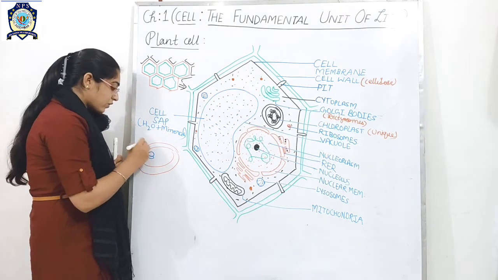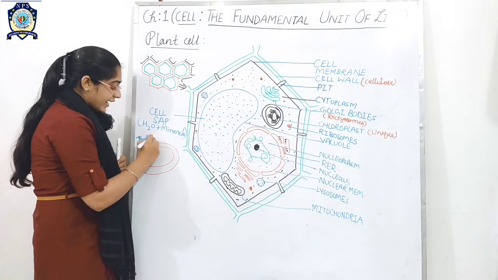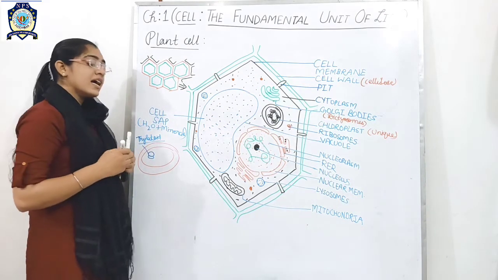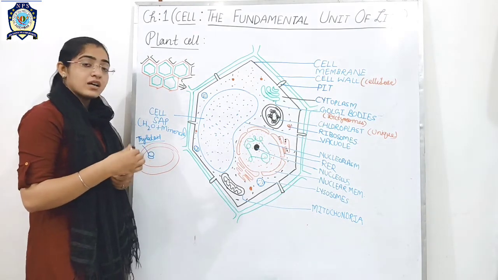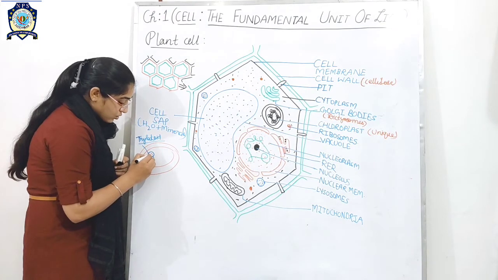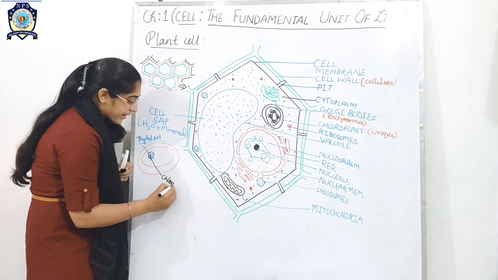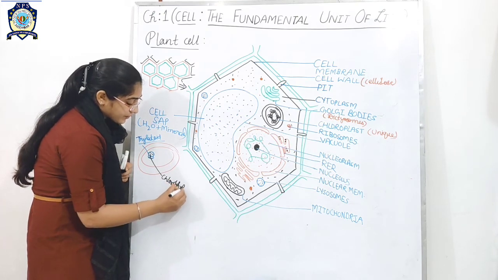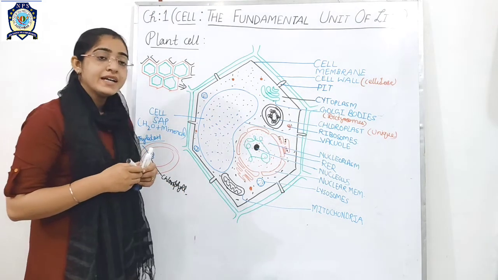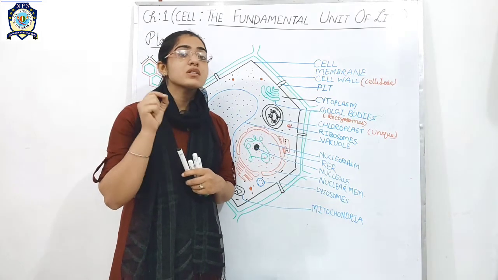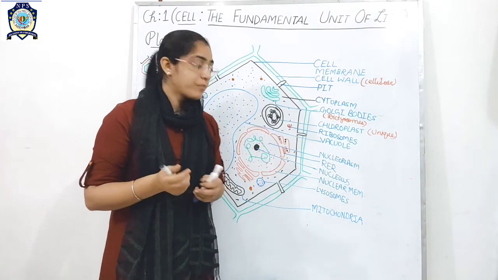This thylakoid contains the pigment called chlorophyll, that is required during the process of photosynthesis in case of plants.